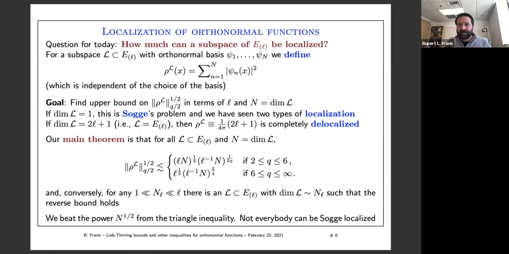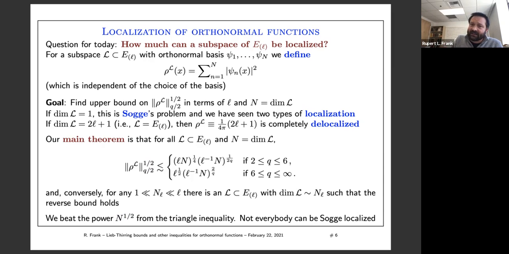And that's what is quantified here in this regime, where you're much more restricted in how you can choose your functions. And again, the key idea is we see the effect of orthogonality. We can beat the power n to the 1/2. I've written 1/2 here. We beat the power that we would get by a simple application of the triangle inequality.